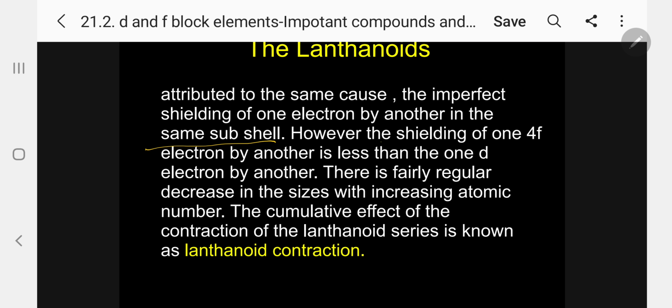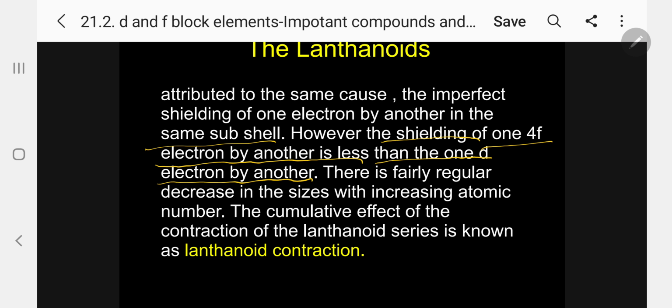However, the shielding of one f electron by another is less than that of one d electron by another. Kindly follow. When you are comparing the shielding effect of d and f, the shielding effect of one d electron on another d is greater compared to one f on another f.